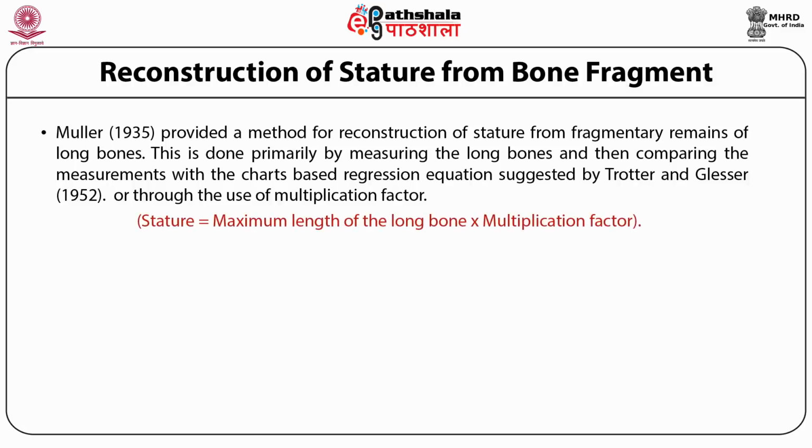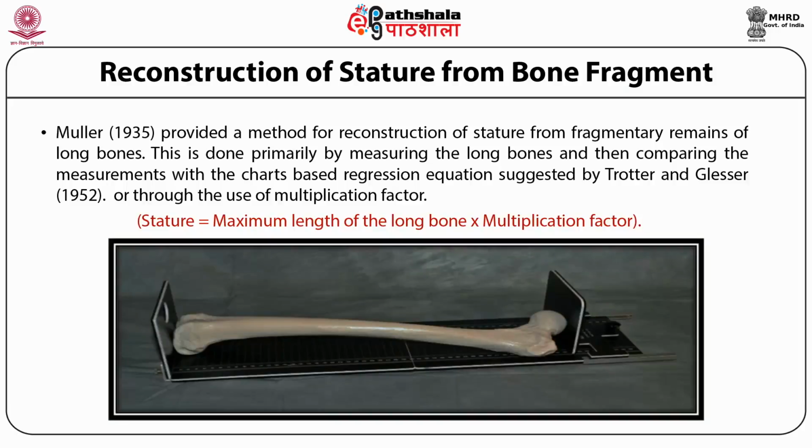The stature of a person is equal to the maximum length of the long bone multiplied by the multiplication factor. The diagram is showing you the measurement of stature from the long bones through the osteometric board.